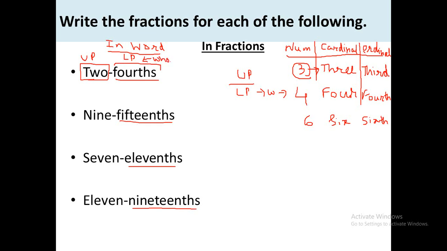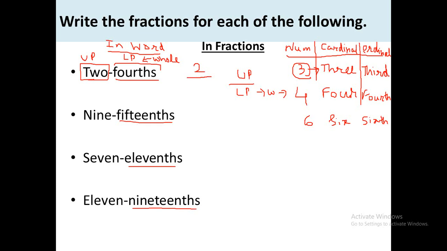And I told you that while writing fractions, this is in ordinal form and this is in cardinal form, right? So here we will write in figure. So 2, that means we will write 2 in the upper part. First part is the upper part, next one is the lower part, separated by a line, as I have already explained.